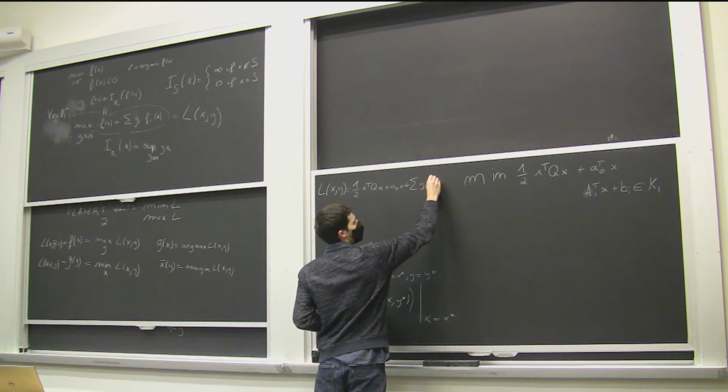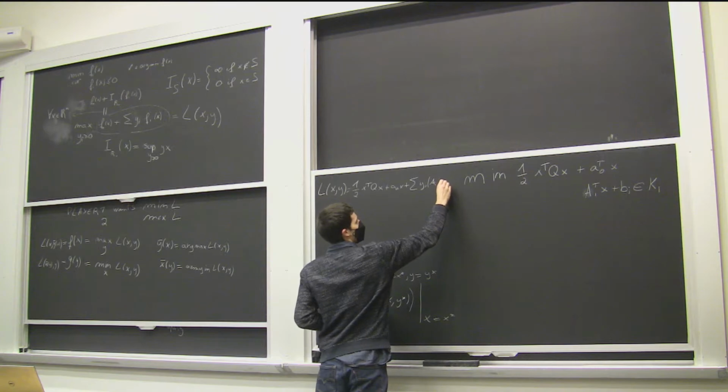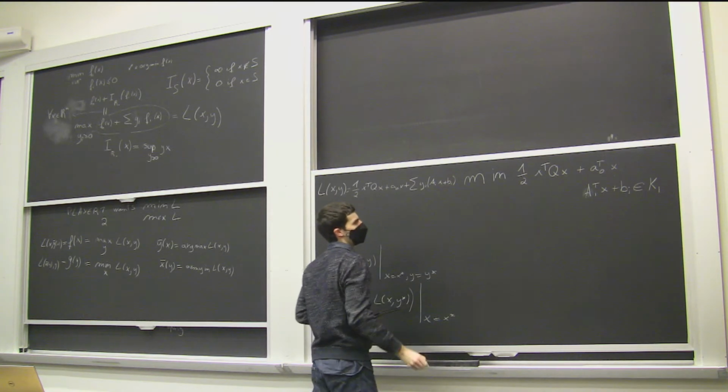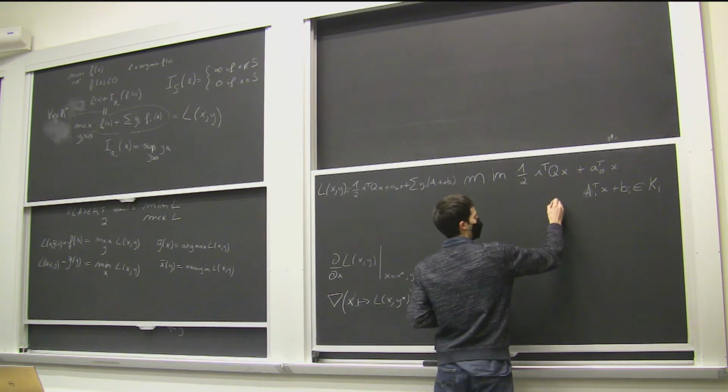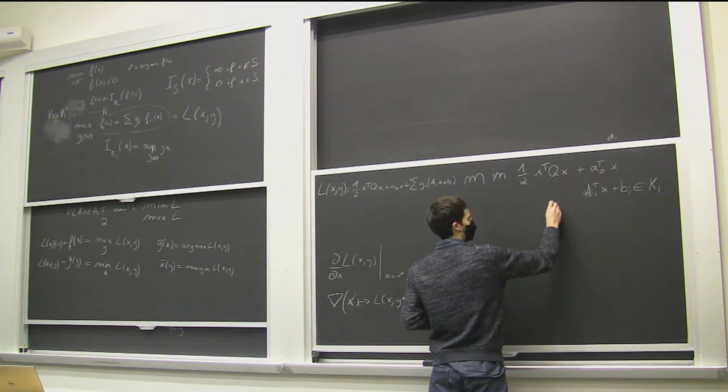In this case, it's a_i x. So you want to rewrite it, and it's easier to do in several steps. You have the indicator function.